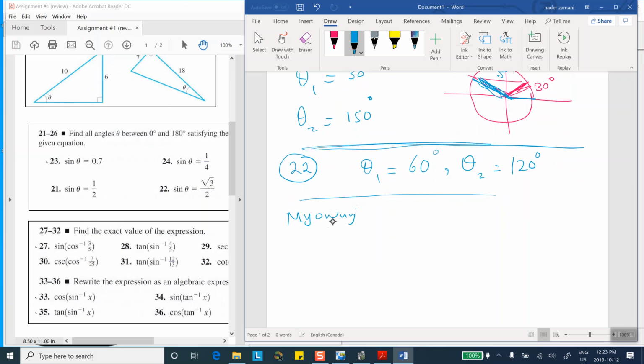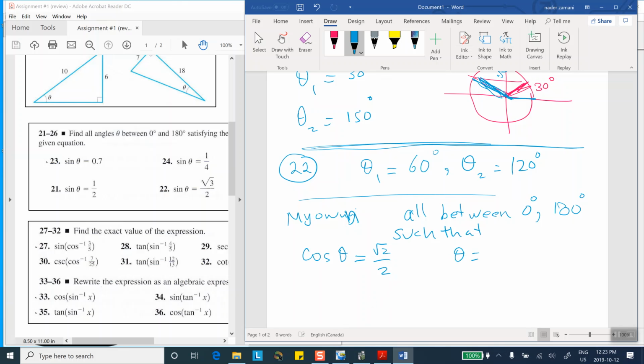Suppose I say find all angles between 0 and 180 such that cosine of theta equal to, let me make this root 2 over 2.